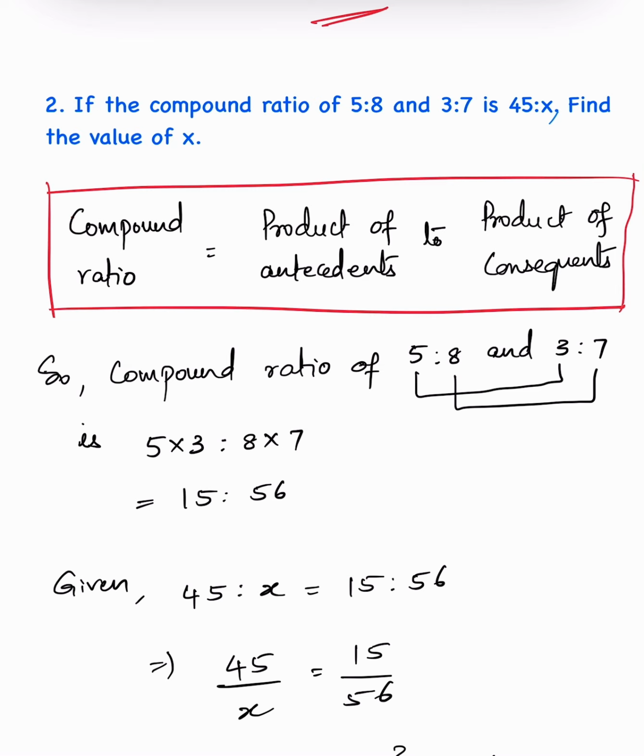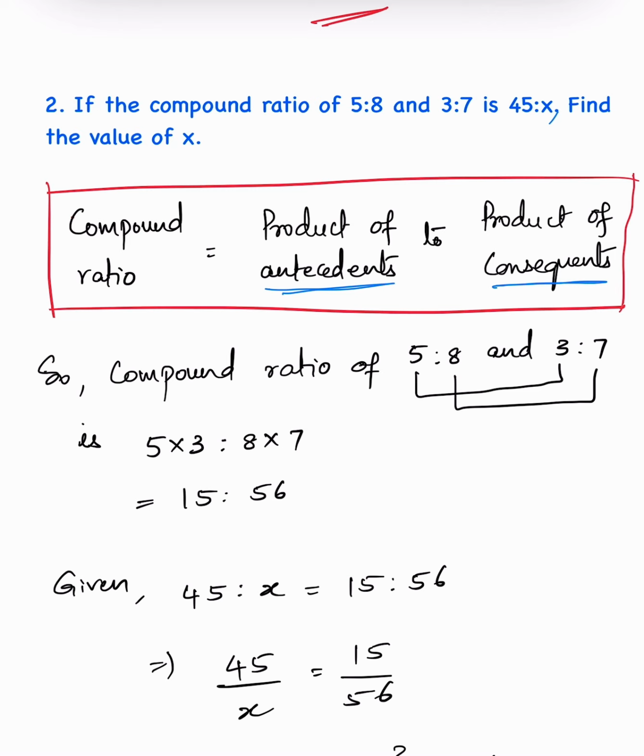How should we find the compound ratio? Compound ratio means product of antecedents to product of consequents. Antecedent is the first quantity in a ratio. Consequent is the second quantity. So we have to multiply both the first quantities and then both the second quantities.